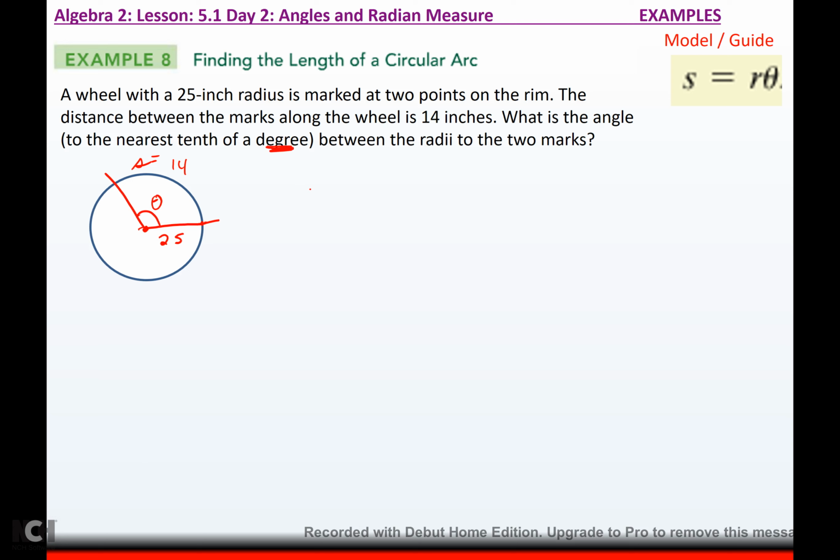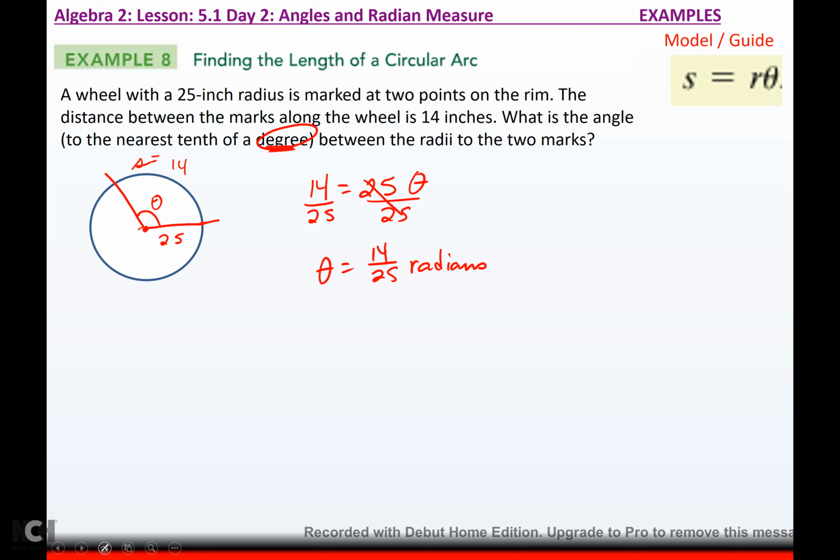Well, we know that arc length, 14, equals my radius, which is 25, times my theta. So to figure out theta, I divide by 25, and I get theta equals 14 over 25 radians. But they don't want radians, they want degrees, so I have to convert.